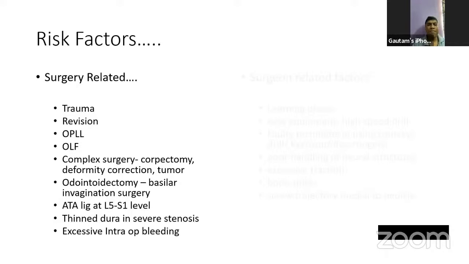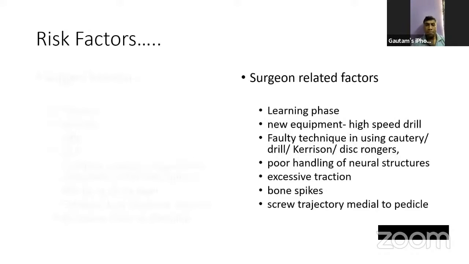If we don't dissect it out before removing the flavum, then it can pull the dura along with it and cause a dural rent. In cases where there is severe stenosis, especially long standing, the dura is thinned out, and that can lead to dural injury. Similarly, if the field is not good and there is a significant ooze, then in these cases also one can encounter higher chances of dural injury.